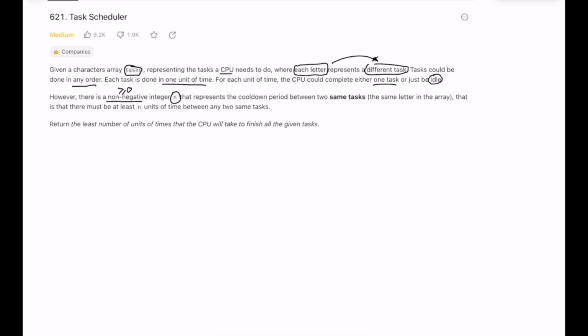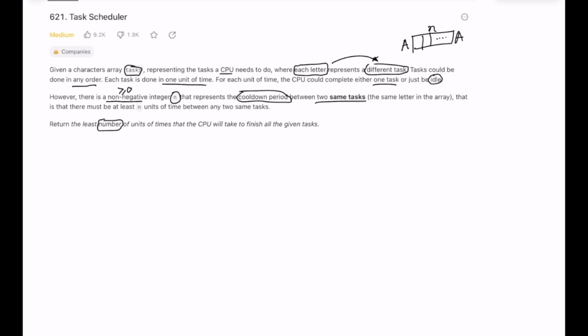Non-negative integer n represents the cooldown period between two same tasks. So for example, if you want to execute task A, there should be at least n units of time before executing the same task A. And we have to return the least number of units of time that the CPU will take to finish all the tasks.